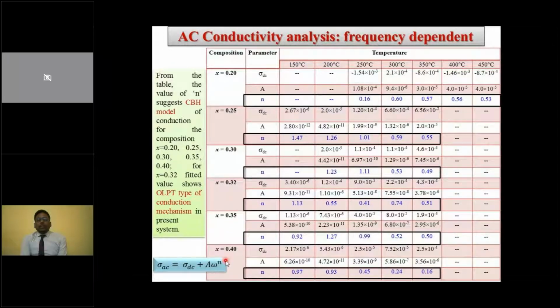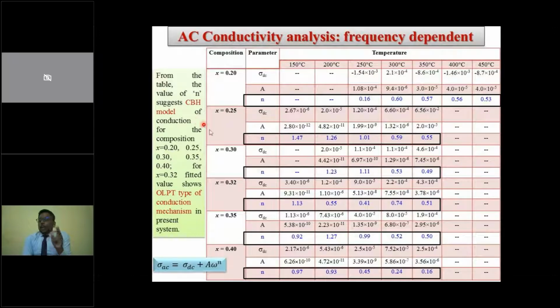n is the frequency exponent here, and this n suggests how the conduction mechanism works in this particular sample. If the value of n is continuously decreasing, then this shows that the correlated barrier hopping type of conduction mechanism is followed by this material.